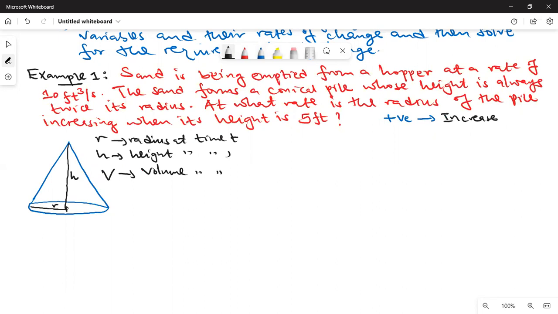If a quantity is decreasing, then you denote the sign by negative. So those ones are very important. Negative here will mean a decrease.